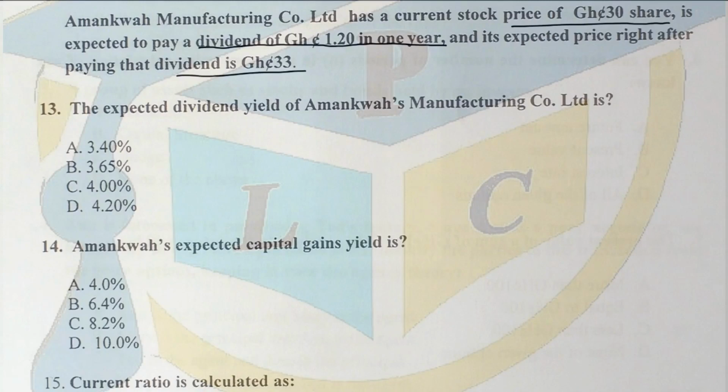What is that increase from 30 to 33? We call it an appreciation of the stock in terms of the price. When the market price of a stock increases, there is also a returns increase. We call it capital gains or capital gain yield.